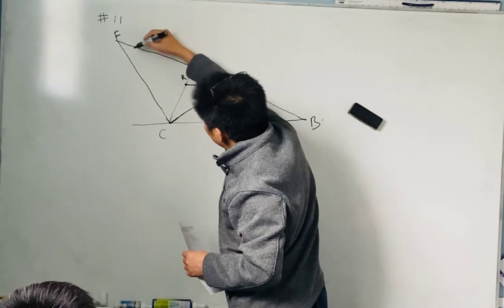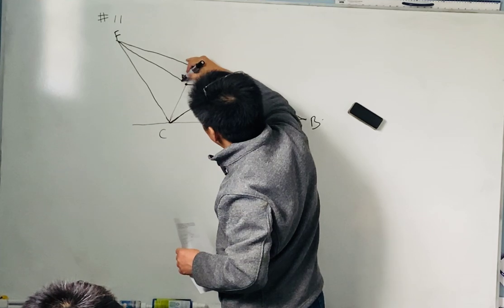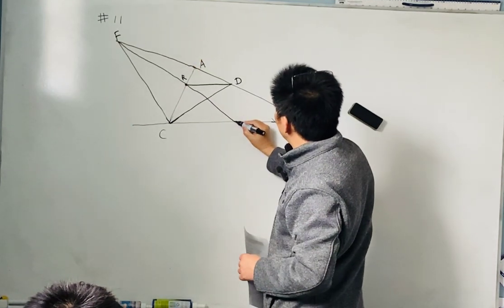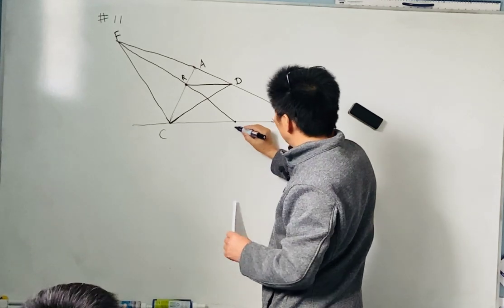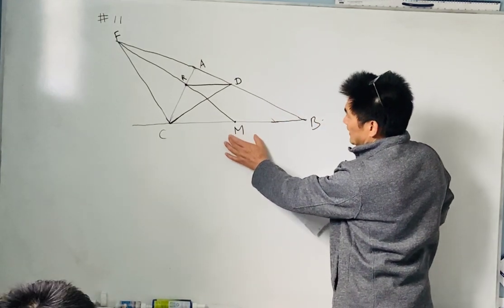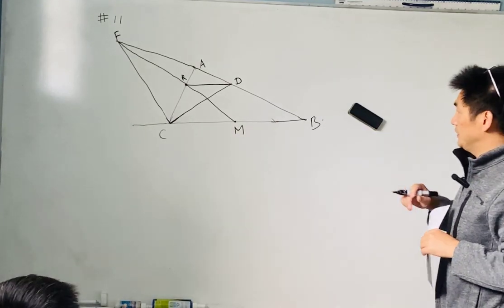And then we connect F and R. And here's a point N. So we're trying to prove that N is the midpoint of BC, right?